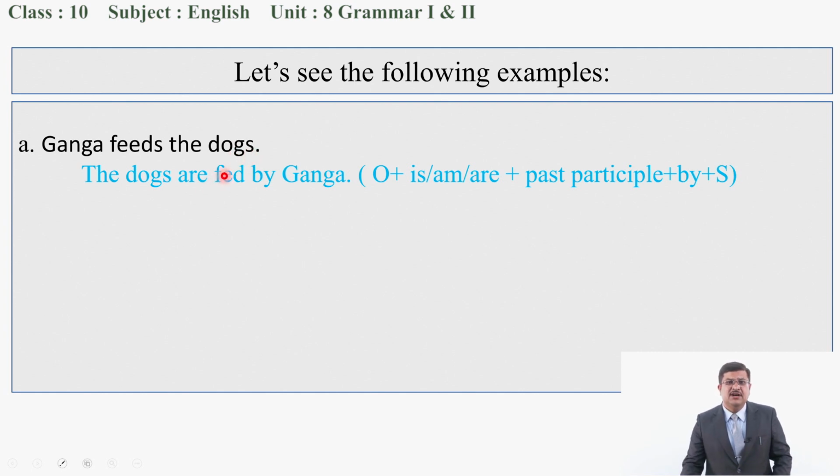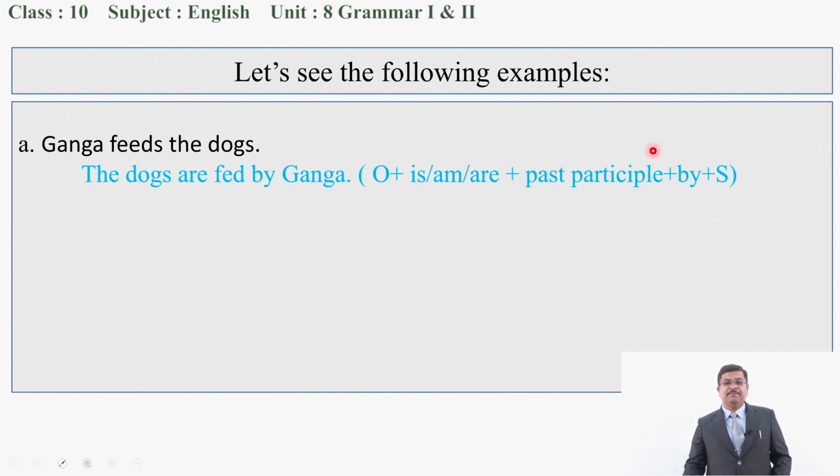The common or general rule of changing from active into passive: when subject with S or ES form of the verb with object, it changes into object with is, am, are. When there is singular, is and am are used. When there is plural form of subject, are is used.